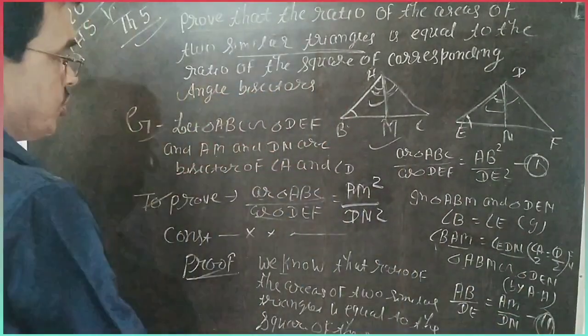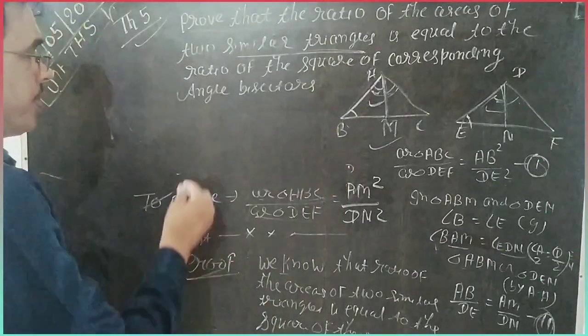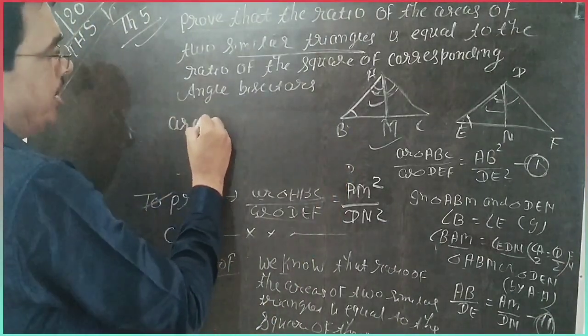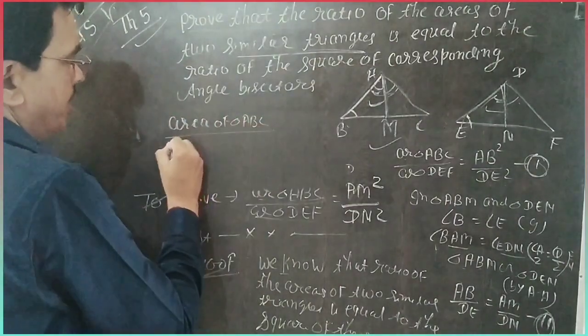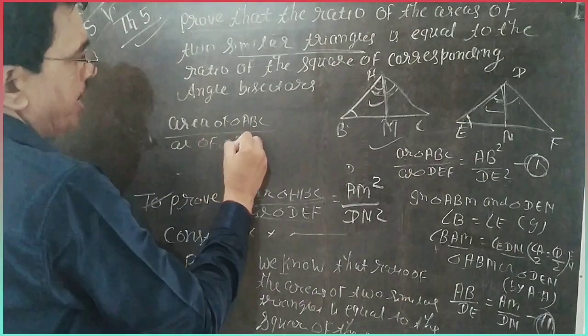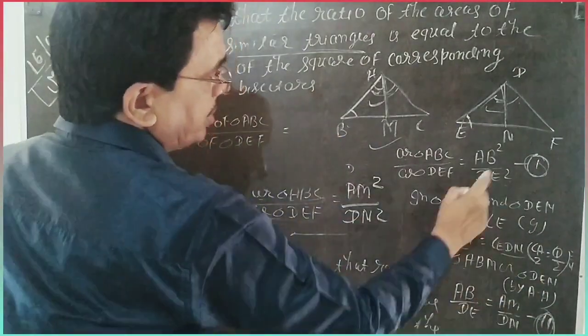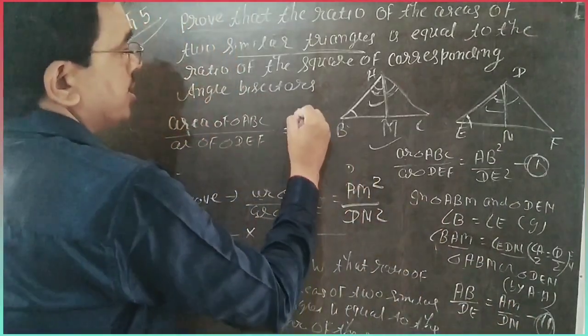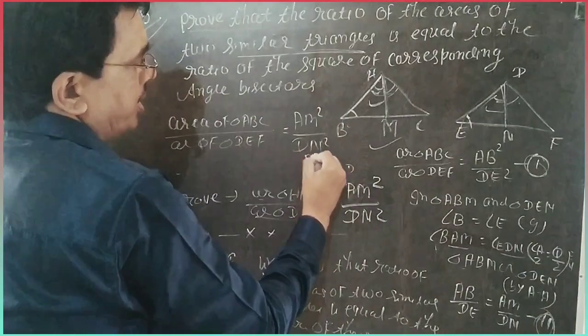And now substitute the value of equation second in first. So what do you get? You get area of triangle ABC by area of triangle DEF is equal to, in place of AB is AM and in place of DE is DN. So you write here AM square by DN square, and that is proved.